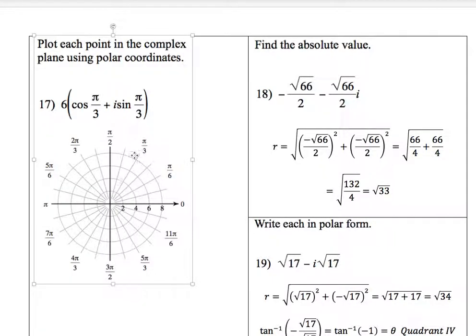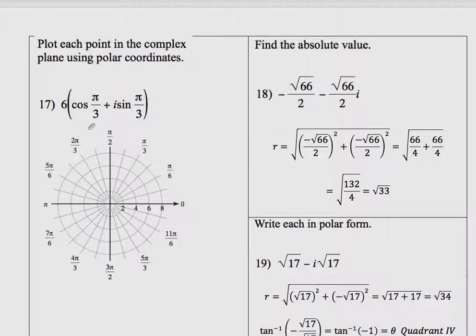On this one here, plot each point in a complex plane using polar coordinates. So our radius is 6, and our angle, so the biggest thing is just figuring out what everything stands for. This is your r value. This is your theta. If it's a polar graph, it's super easy.